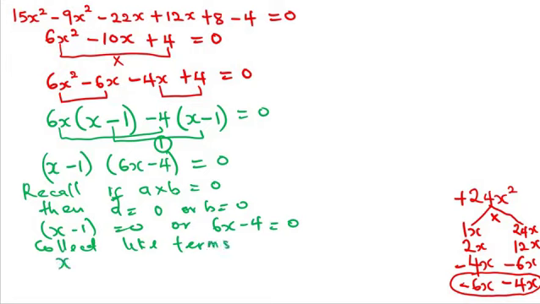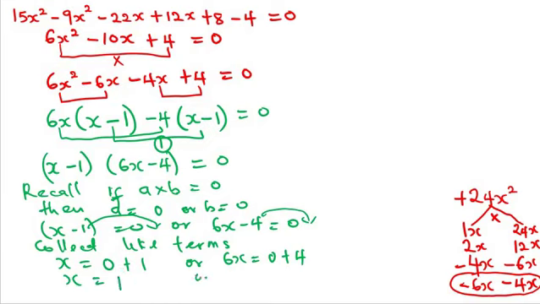So I'll be having x equal to 0. The minus 1 crosses the equation and becomes plus 1, or 6x equal to 0. The minus 4 crosses the equation and becomes plus 4. So I'll be having x equal to 0 plus 1 gives me 1. 6x equal to 0 plus 4 gives me 4.